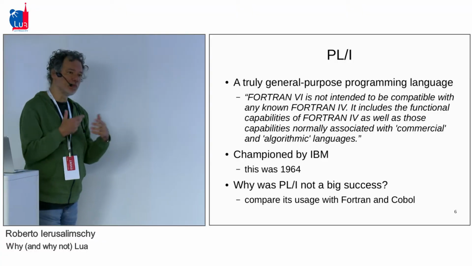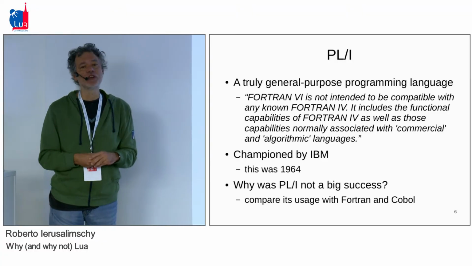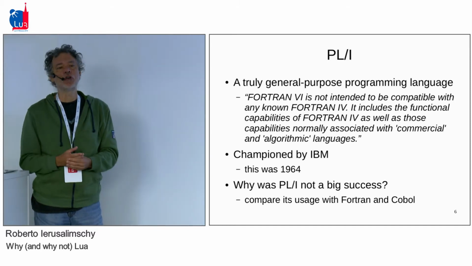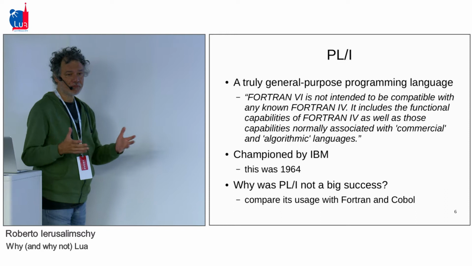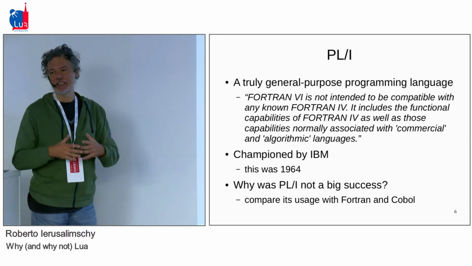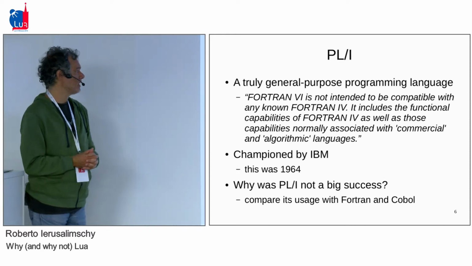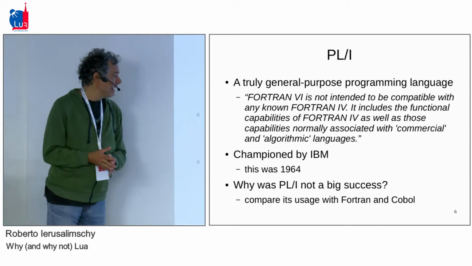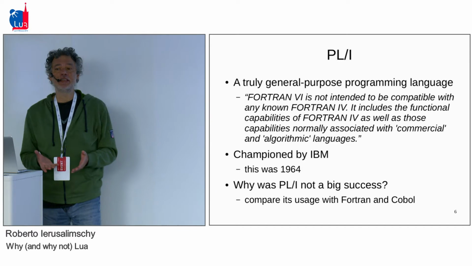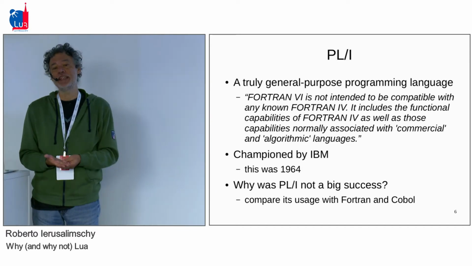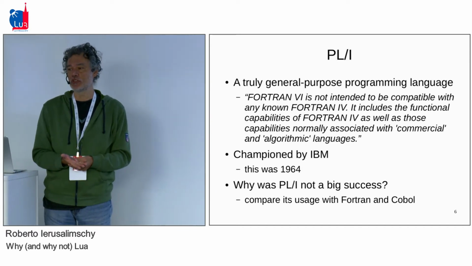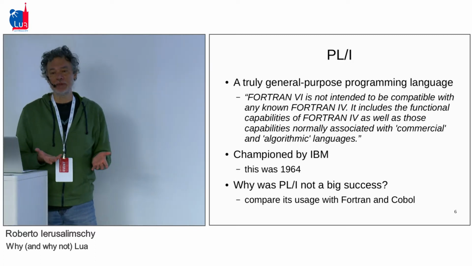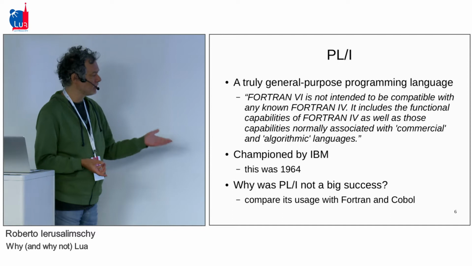You could use PL/1 for scientific computation, for commercial software, for algorithms, etc. And that language would be perfect and nobody would need any other language. And in the end, even today, people still use Fortran, people still use COBOL, and a long time ago, most people stopped using PL/1.